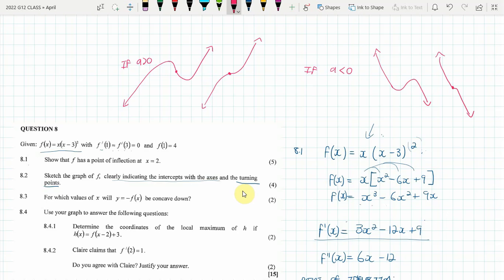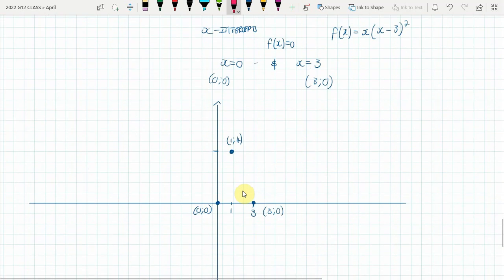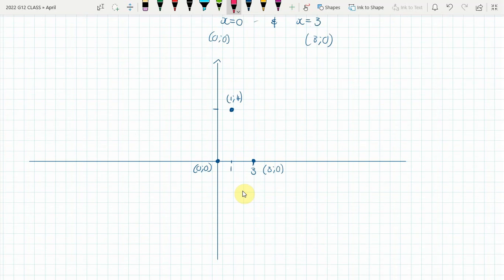So in our case, for question 8, is the value of a in f positive or negative? It's positive. So that means our graph will start off how? Concave down to concave up.